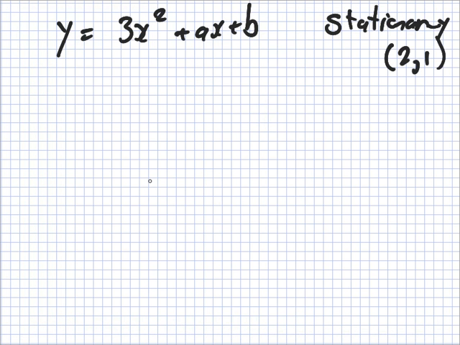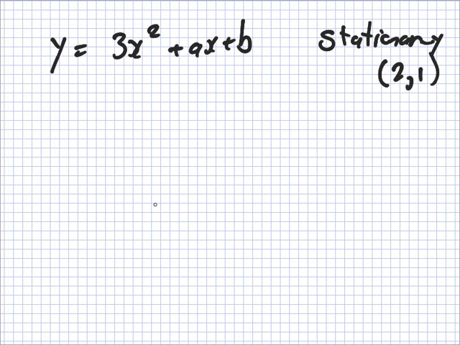Find a and b. Okay. What does stationary point mean? So we have a quadratic. What's the meaning of stationary point? Which point is it on the graph? Do you know? Which one do you think it is? There's not many points to choose from.